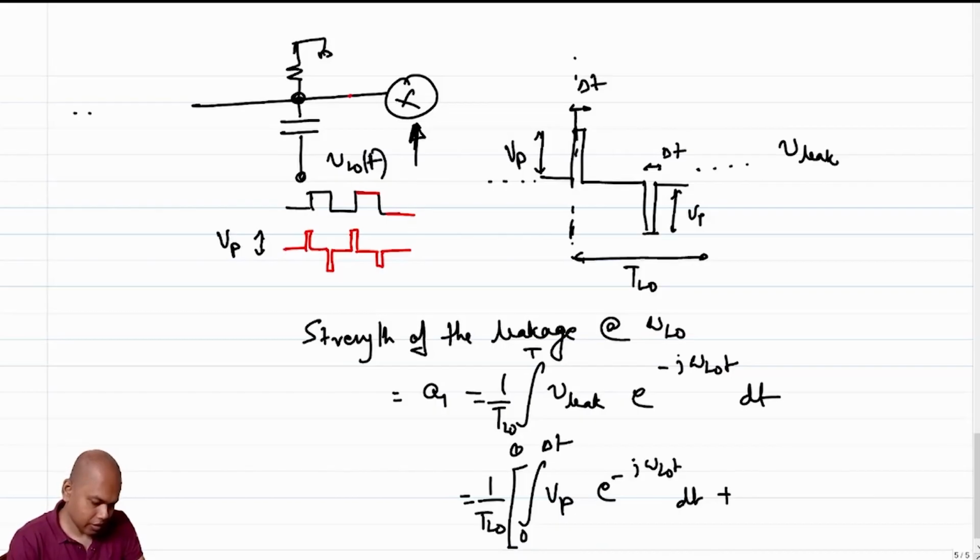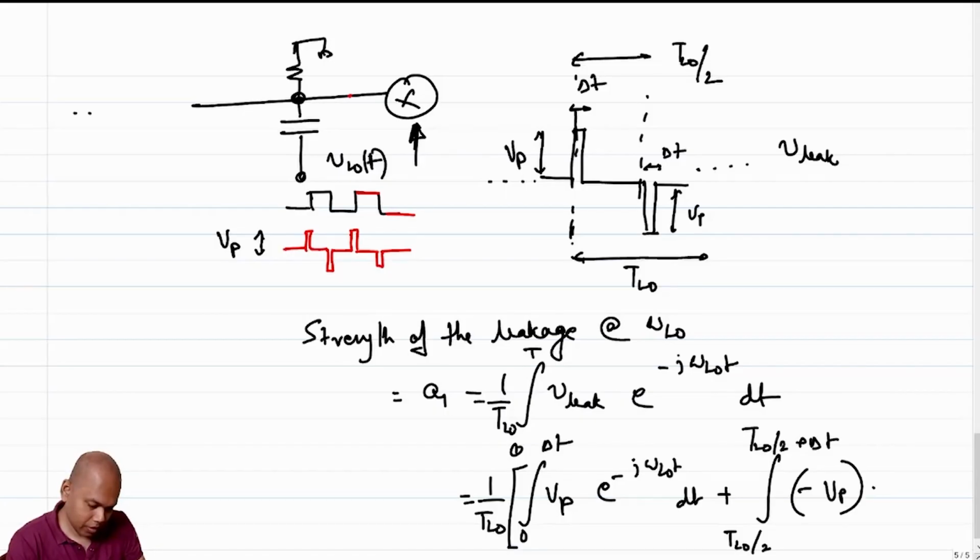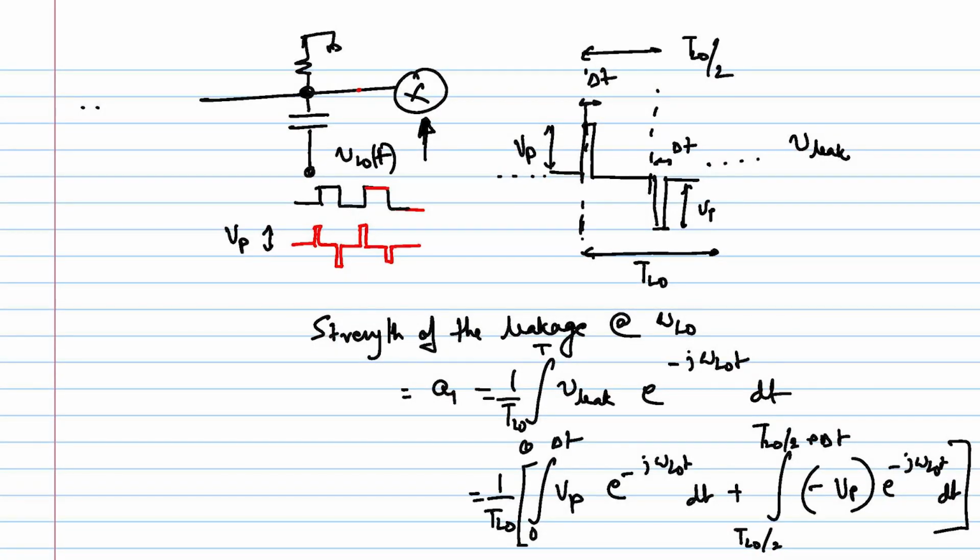And then from TLO by 2 to TLO by 2 plus delta T, you are going to have negative Vp times e to the power minus j omega LO t, right? Okay, so let's evaluate this.